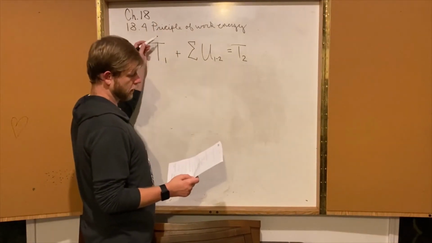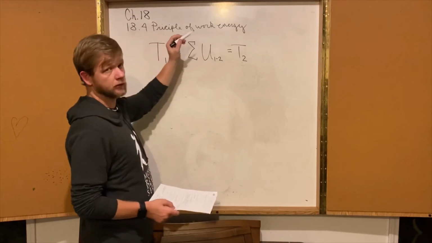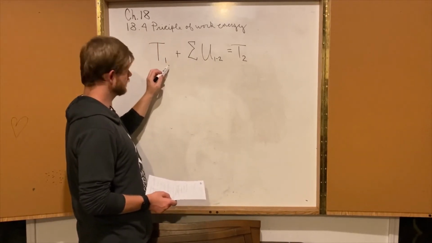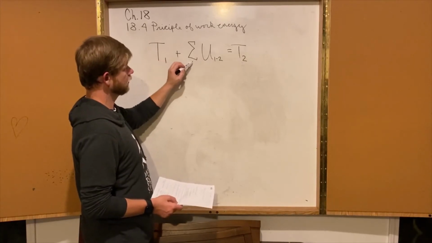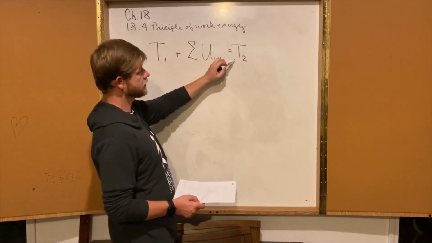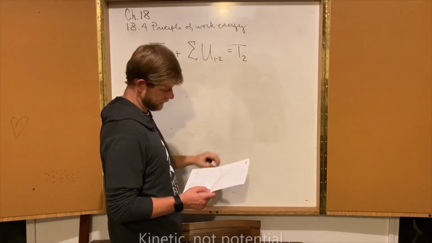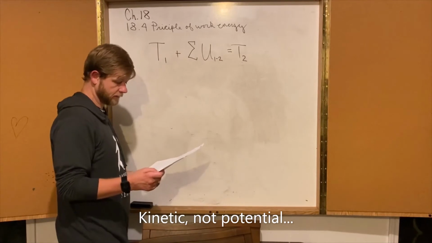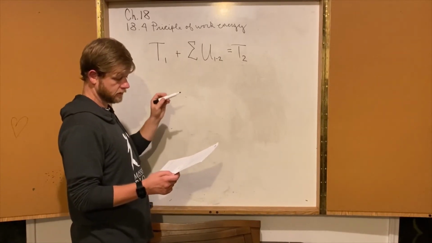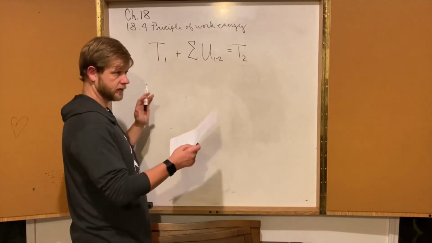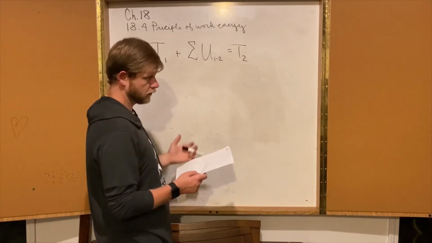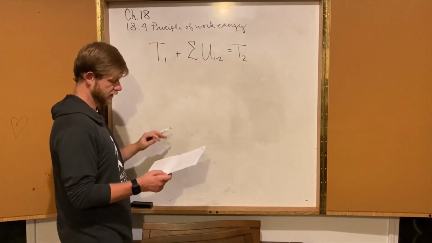So section 4 covers the principle of work and energy. Here we have the kinetic energy in its starting position, plus the sum total of all the work done from point A to point B, or 1 to 2, equals the final kinetic energy. Now there's a couple things you need to think about. When you're calculating this, the internal forces do not need to be considered, because we're simply talking about translational or rotational movement. So the internal forces contribute nothing to this.